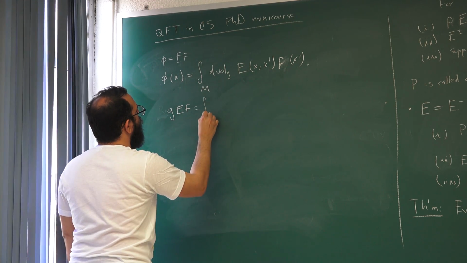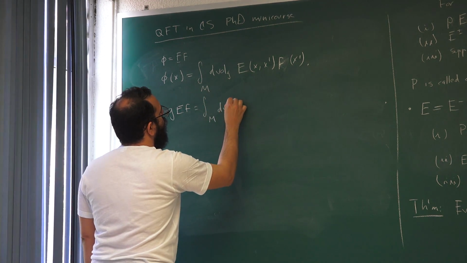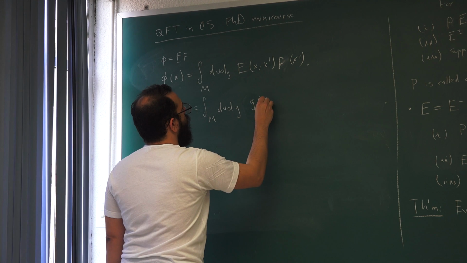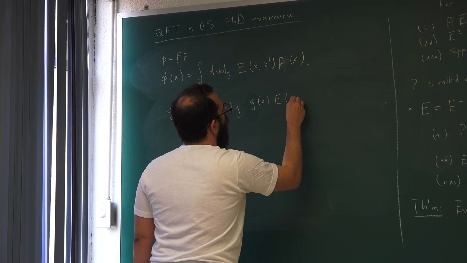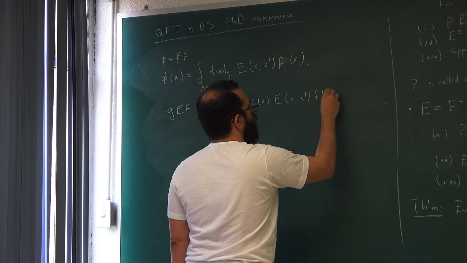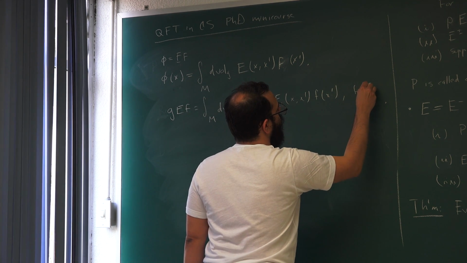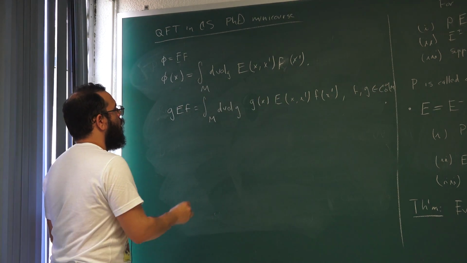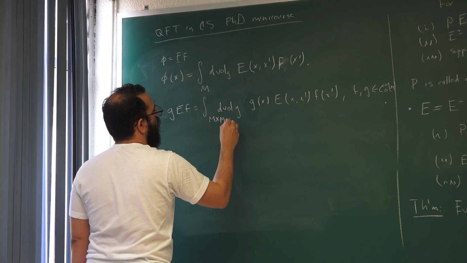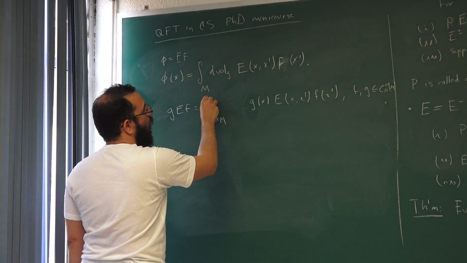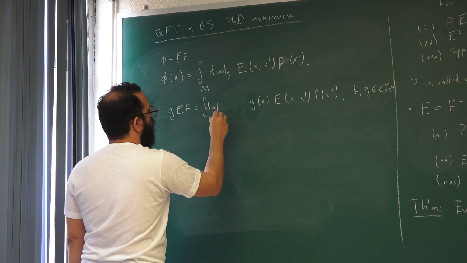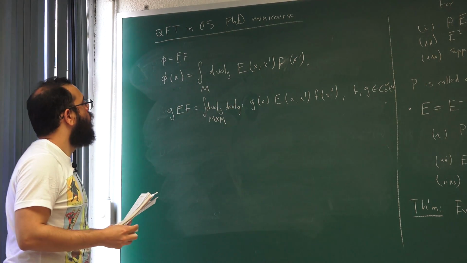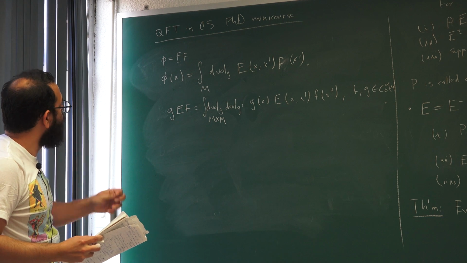By this notation, I mean take two functions of compact support, and I integrate them twice, like that.